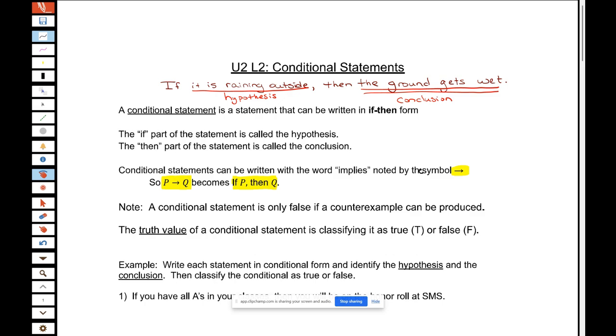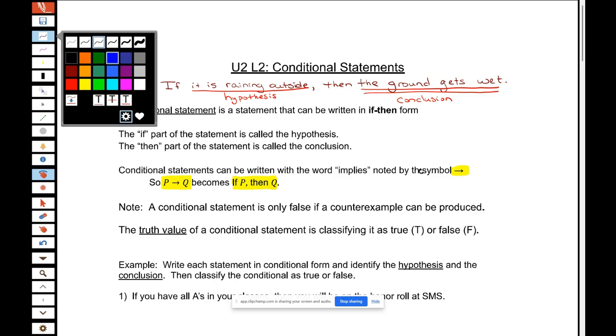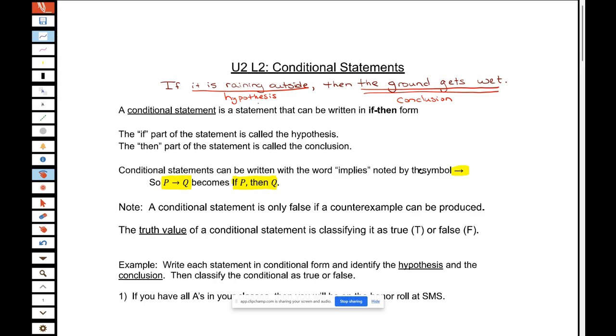If we look back at our example, let's say I let the hypothesis, it is raining outside, be called R, and the ground getting wet, the conclusion, be called W. So I could rewrite this as R implies W. So if it is raining, then the ground gets wet. Or raining outside implies the ground gets wet.